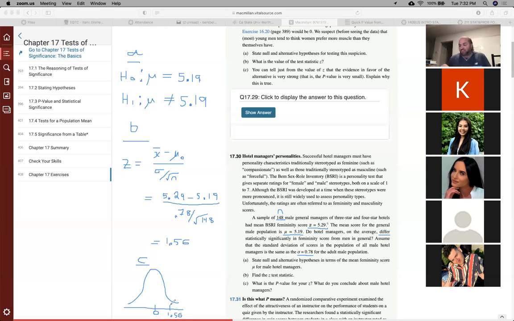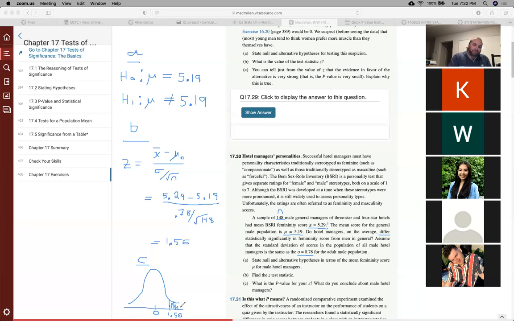If I said shade the p-value, what would you shade in on this picture? Would it be all points to the right of the z-score?